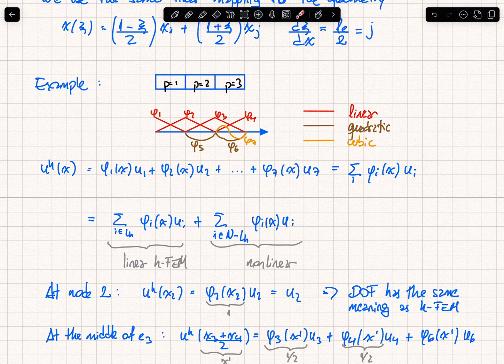Well, for the Lagrangian shape functions, we can still go back to this mindset of basically having a node associated with a function. For instance, if you take the quadratic Lagrangian element, you have three functions. The first one is equal to 1 in the first node and 0 at the other nodes. The second shape function is equal to 1 in the middle of the element, and 0 at the other two nodes. The three functions are quadratic. And the same for the last one, which is equal to 1 at the last node and 0 at the other two nodes.